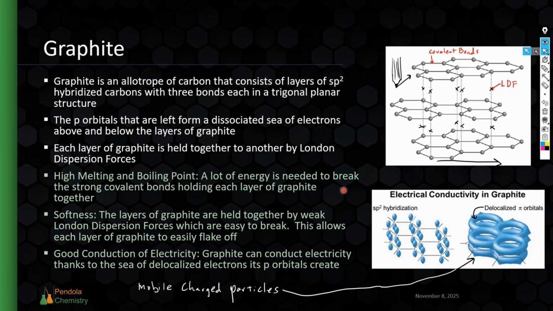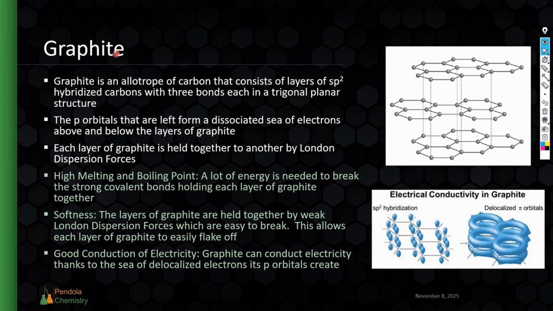So this is an example of the details that you need to know about graphite. Let's look at another allotrope of carbon, because graphite is an allotrope of carbon. It is a giant covalent structure that is completely made out of carbon. Because graphite is an allotrope of carbon, that dictates that there should be another allotrope.